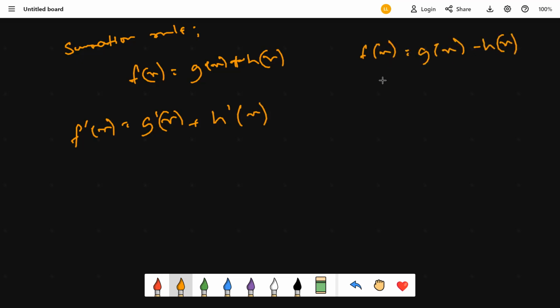Okay, so this negative sign is also included here. The sum rule is applicable for both the positive and negative signs. So g prime of x minus h prime of x, since they are all in arithmetical form, it is applicable for all of them.